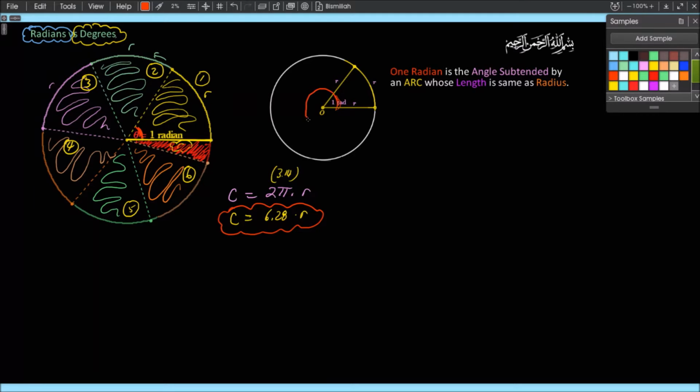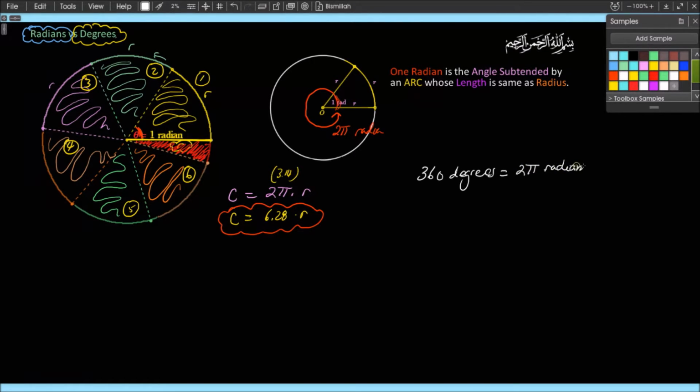So in 360 degrees, there are a little over 6 of these. In fact, there are 2 pi radians. That's 6.28 of those angles. So in 360 degrees, there are 6.28, or 2 pi, radians.